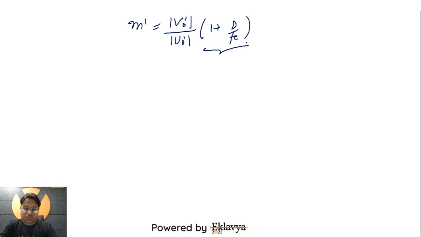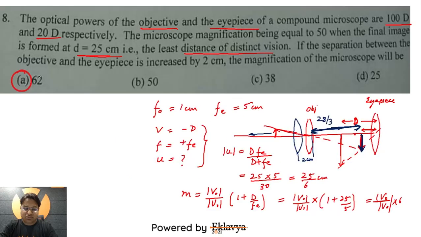And why does this distance need to be maintained? This distance needs to be maintained so that we can continue to use the microscope in the near point setting. So this number remains as 6. This number became 31 by 3. This number continues to be 6. So 62 would be the new value of the magnification, and I do believe that 62 was one of the options. So option A will be the correct one.